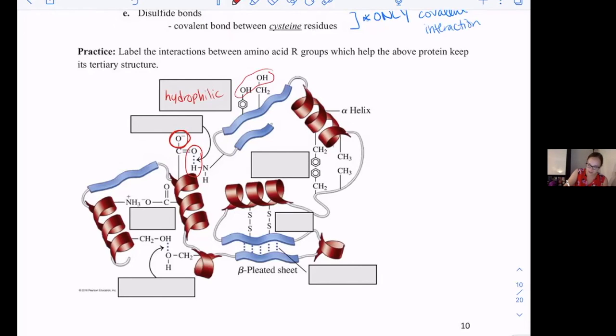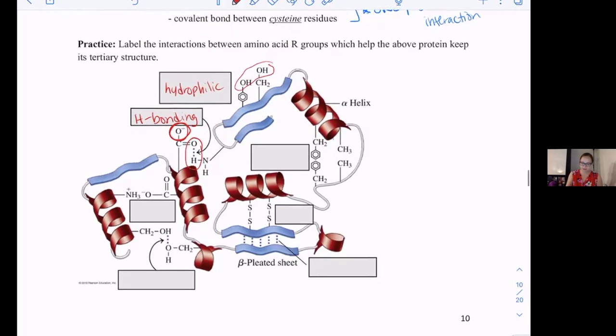So this is going to be an H bonding interaction. Okay, so the backbone of our protein chain and a polar side group. In this case, it has just an oxygen or nitrogen that has the ability to be a hydrogen bond acceptor.